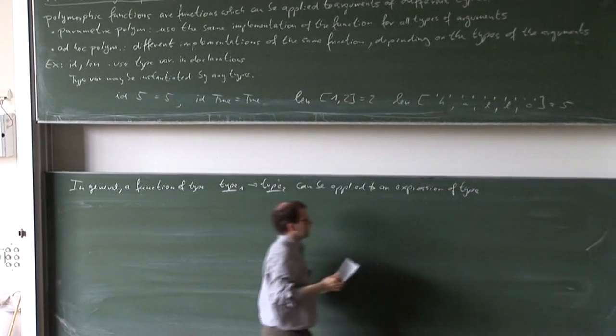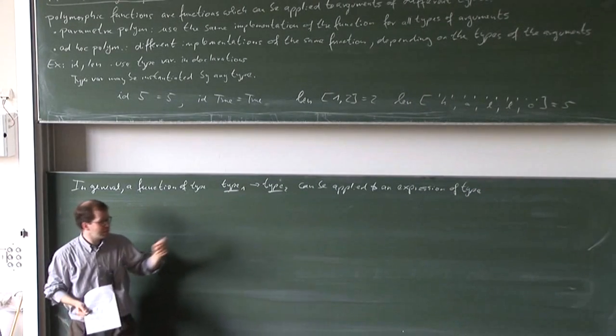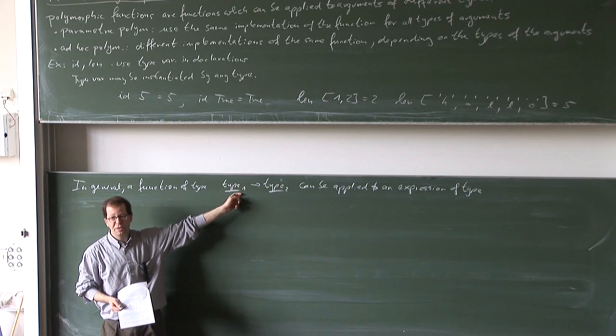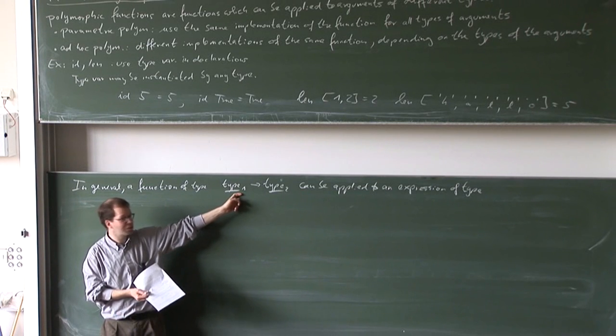In general, you would expect that such a function you can only apply to expressions of this input type, type 1. Now, that's not true if you have parametric polymorphism.